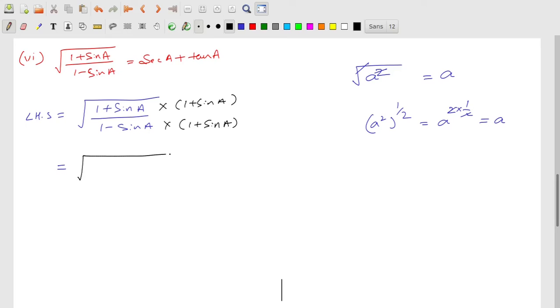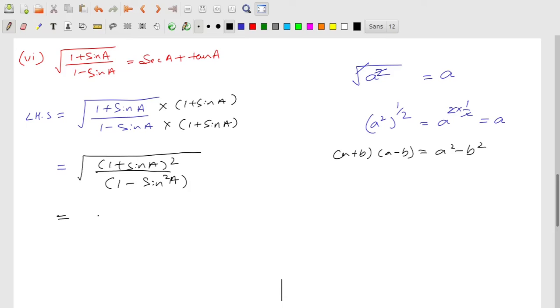So you will get 1 plus sin A into 1 plus sin A is 1 plus sin A whole square. 1 plus sin A into 1 minus sin A is A plus B into A minus B, A square minus B square. So here you will get in the denominator 1 square minus sin square A, right? So this is the denominator.